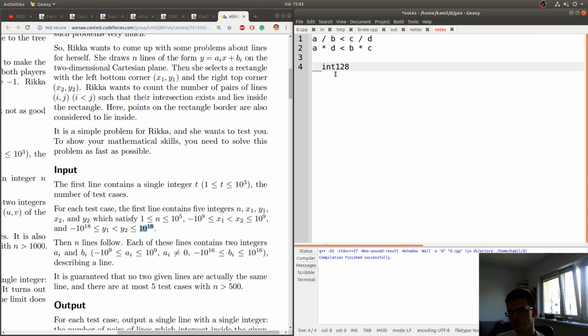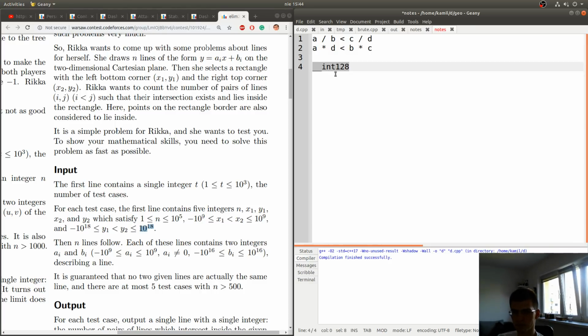You can't use that in Codeforces, but for example in IOI or ACM finals you will be able to. This is basically long, but even bigger, with 128 bits. By casting your numbers to this type, you can now correctly compare these two values. You can do the multiplication. It will exceed long and would give you overflow, but you will be okay with this type.